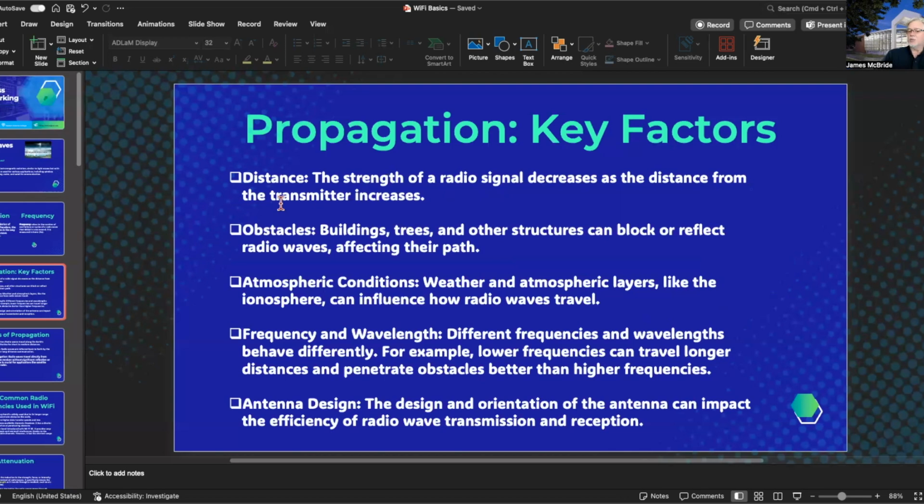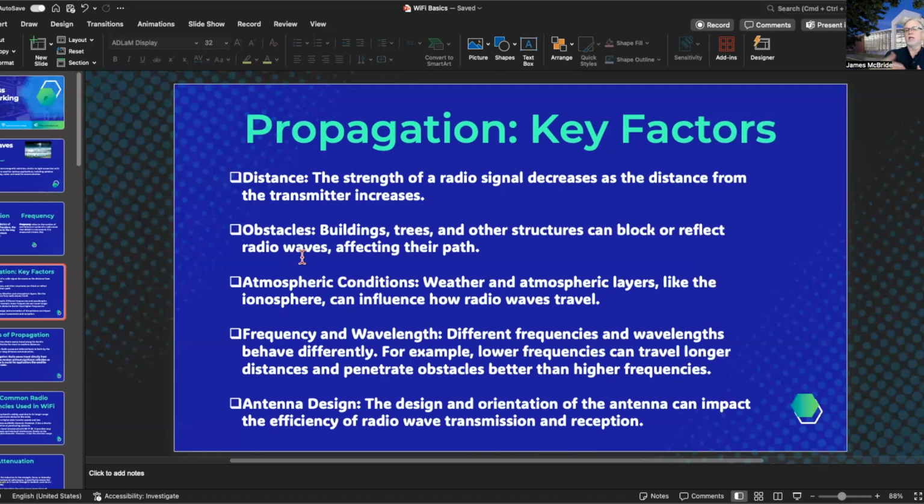So if that's true, then any obstacles, buildings, trees, water, metal, whatever, can affect these radio waves and can even reflect the radio waves back. And that affects the path that they're traveling on. This will all come into understanding as you see how Wi-Fi is implemented.